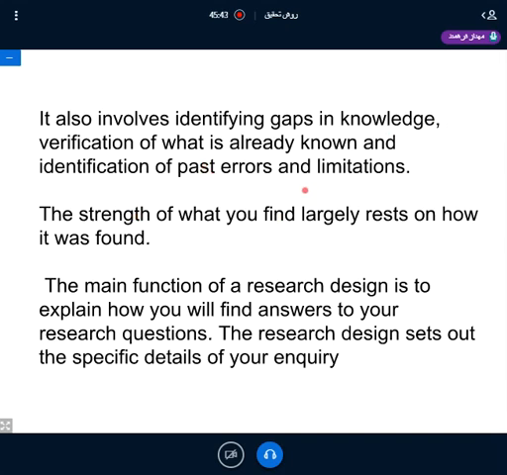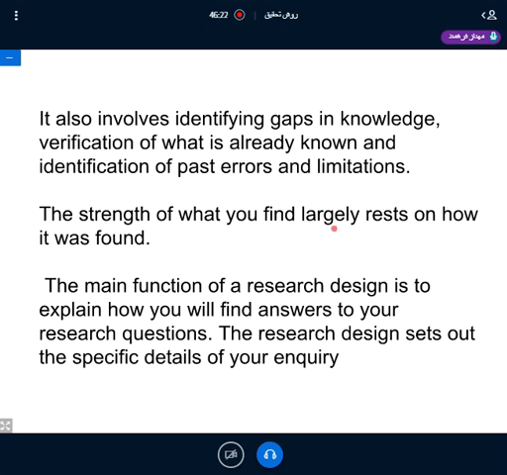So identification of past errors and limitations is very important too. In the past, what limitations were there for the study that we are going to continue, and how can we take them out, how can we address the limitations, that is important too.